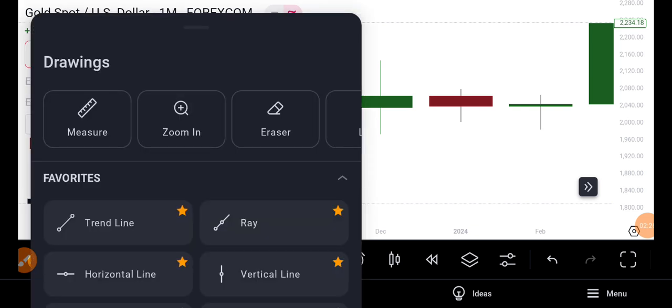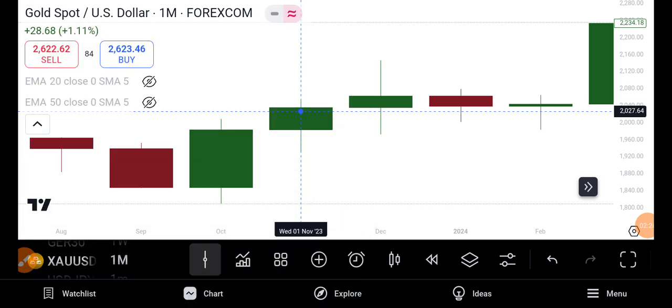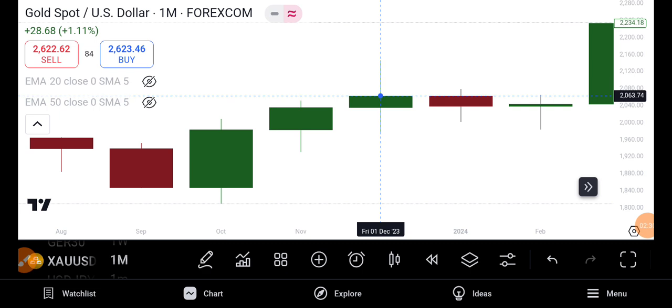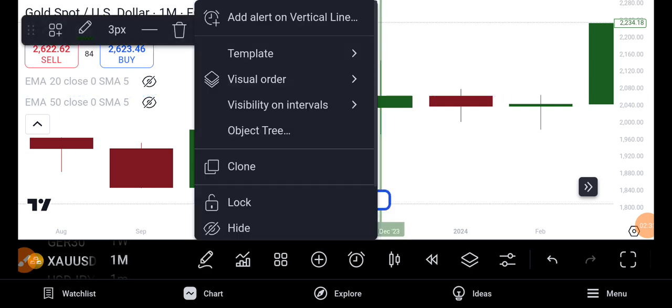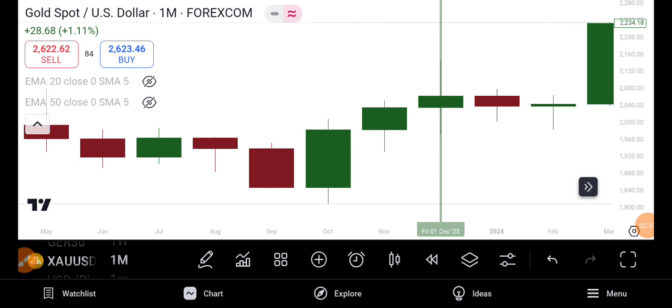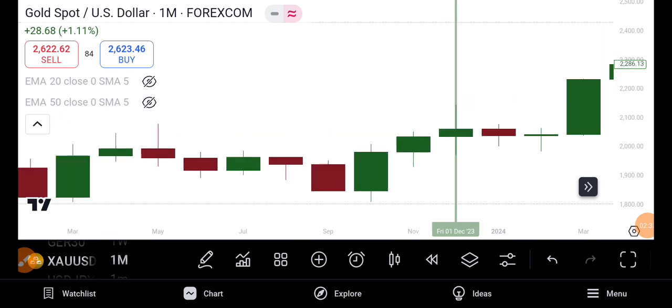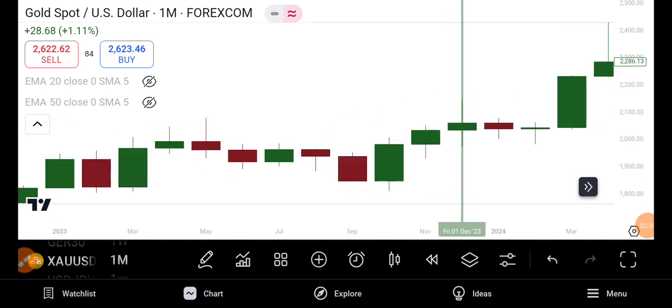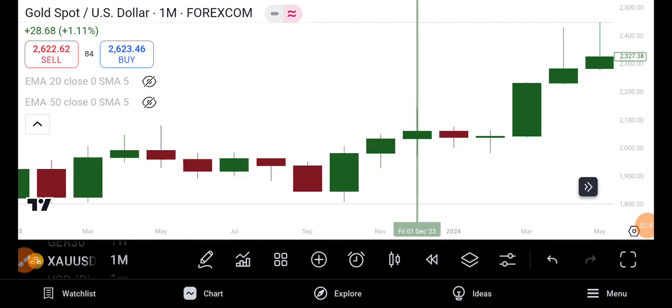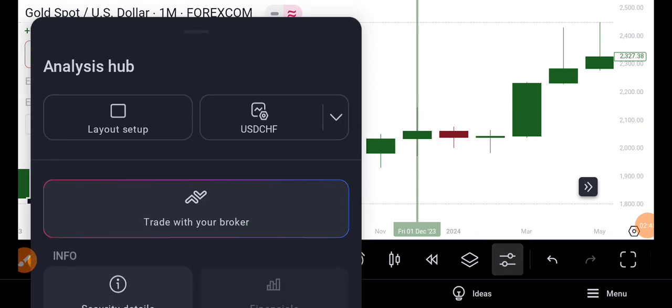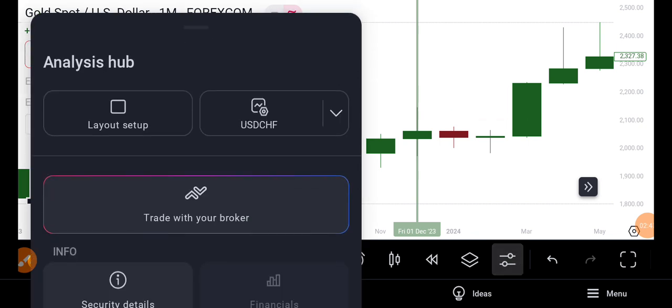Then I use my vertical instrument and I lock it in place. Once you lock your work in place, that should be secure, but also you can save your work. Now I'm using TradingView on my phone for now.